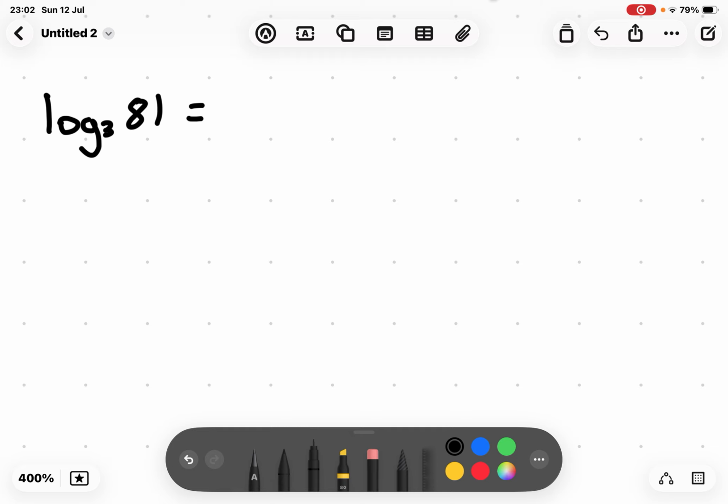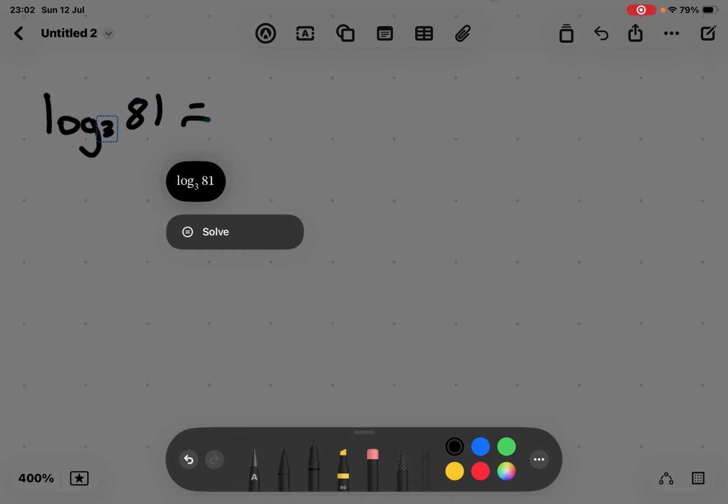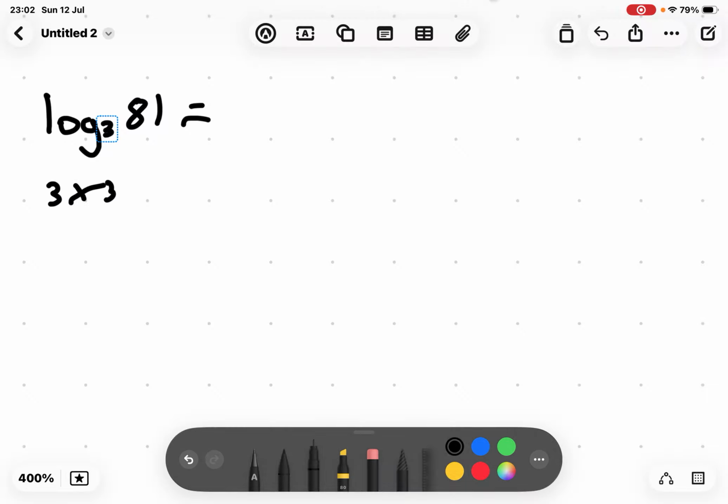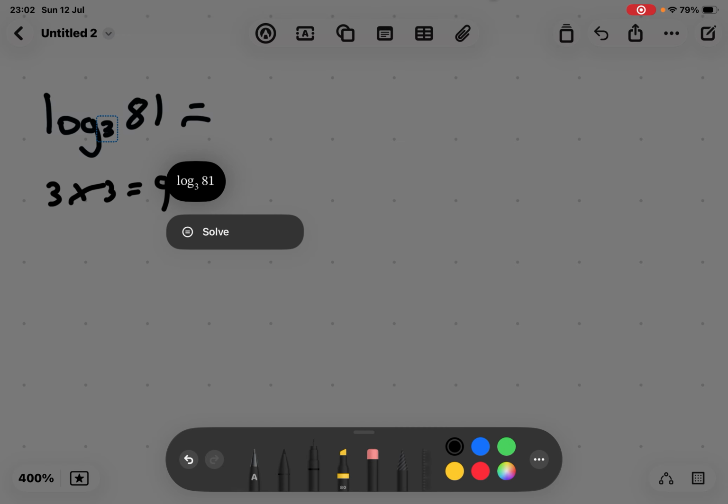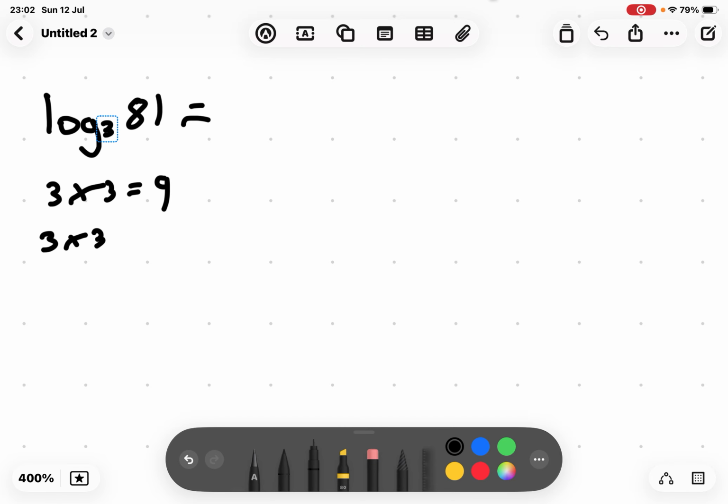Not exactly an answer, but basically a number that says how much times does 3 have to times itself to give us 81. So 3 times 3 is 9. And then these two times to give us 81. So the answer is 4.